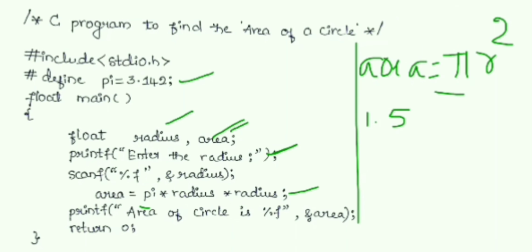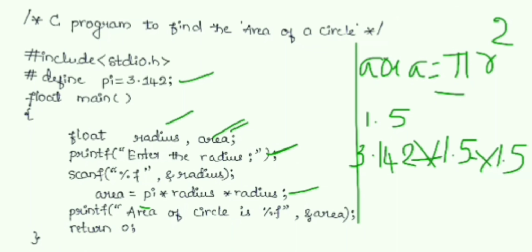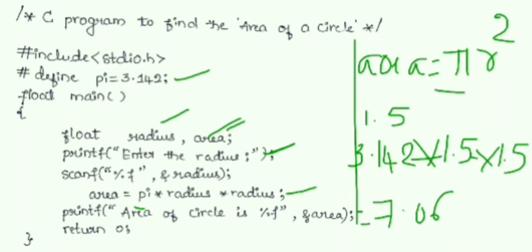Then what is the formula here? It will calculate. The pi value is 3.142 into 1.5 radius into radius, that is 1.5. So what will be the value of this? 7.0695 will be the value of this program. Thank you.